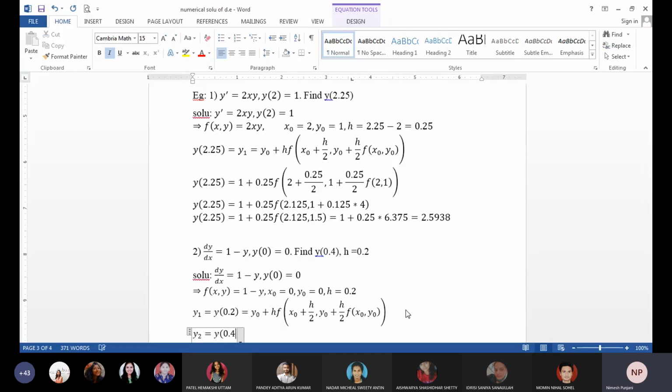y2 is y of 0.4. Okay, y2 is y of 0.4. So here what will be my formula for y2? Can anyone tell what will be the formula for my y2?